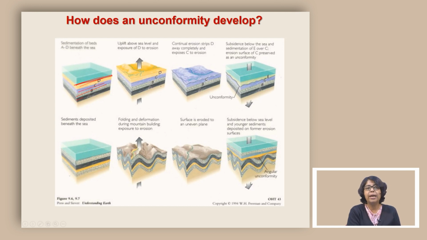In order to get eroded, things have to get exposed. One way of exposing them is either by dropping the sea level or by uplifting the entire region. And there are plate tectonic processes which can uplift some of these places. And once it is uplifted, D is now exposed and it can actually get eroded.